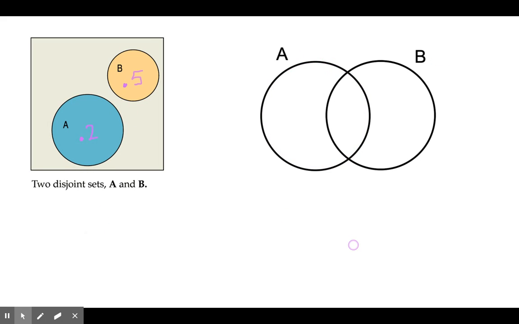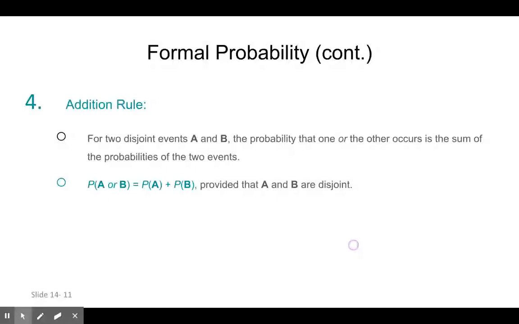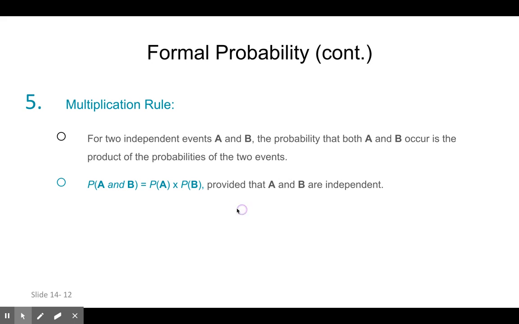Just erasing, and we'll move on. Look at the multiplication rule. Okay, so this is your addition rule, and now the multiplication rule. Instead of the word or, now I'm going to have the word and.